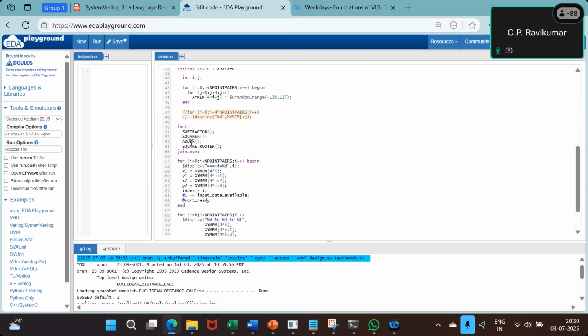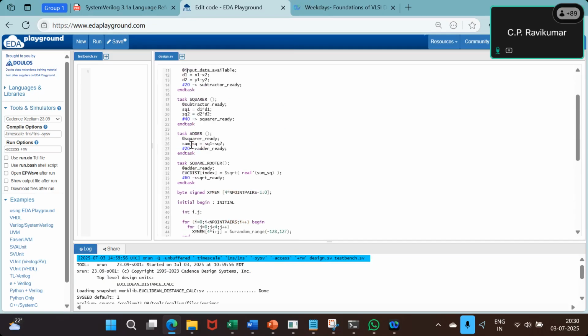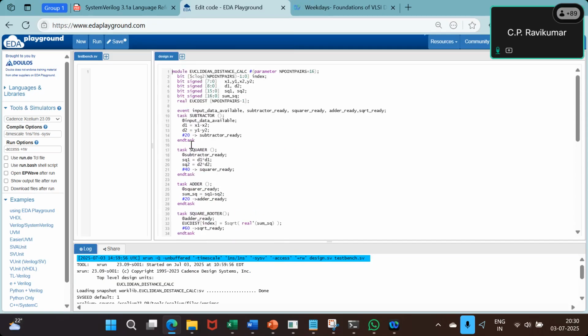See, I have created subtractor, squarer, etc., and they're all running in parallel. Is there a chance that I gets corrupted somewhere? I don't think so, right?